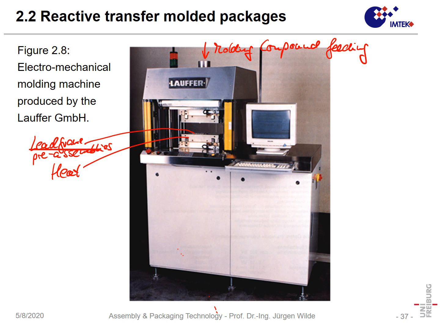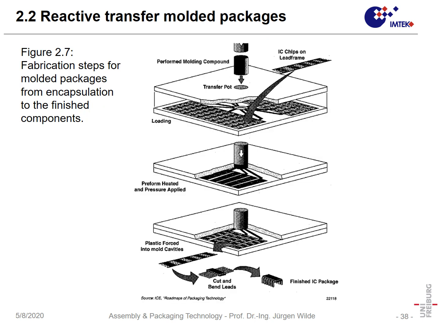Then we have a piston which presses the molding compound into the cavity of that heated tool. Which has a cavity. The liquid molding compound will run into this mold or into that heated tool, and it will immediately harden.